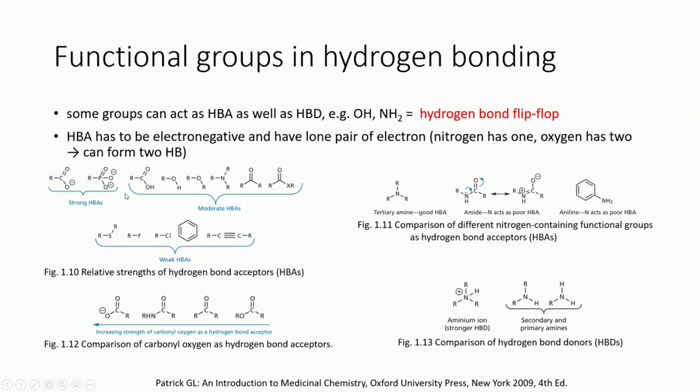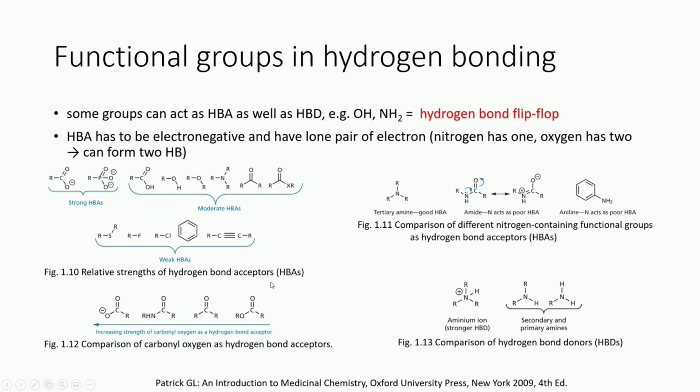Moderate hydrogen bond acceptors are non-ionized carboxylic acid, alcohols, ethers, amines, carbonyls like ketones, and ester or amines. As for the weak hydrogen bond acceptors, we can talk about sulfides, fluorides, chlorides, and some hydrophobic parts.